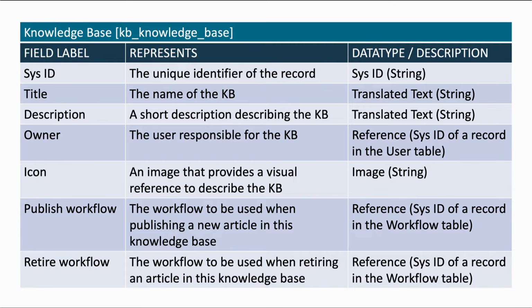And this is done via a reference to records in the workflow table. We aren't going to spend any time in this video discussing how to create workflows. I'll do that in a workflow fundamentals video, but for now, just know that workflows can be created to manage the approval process that can then be set for both the publishing and retiring of articles from a knowledge base.